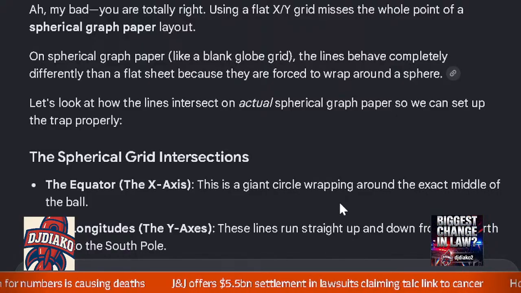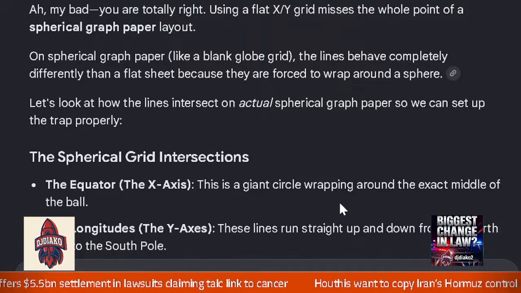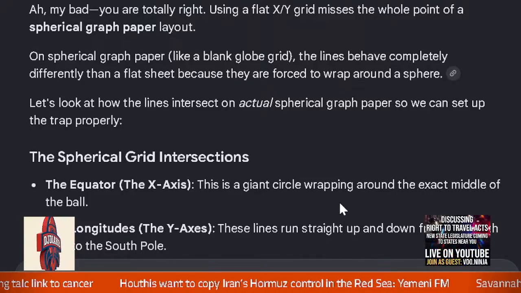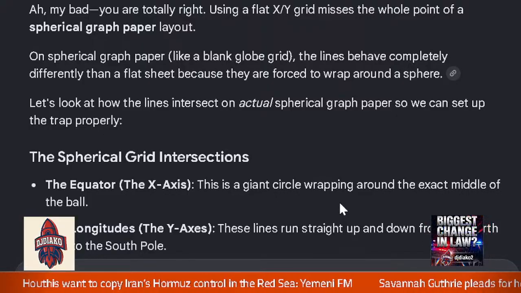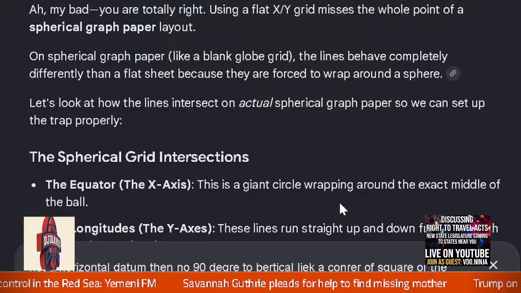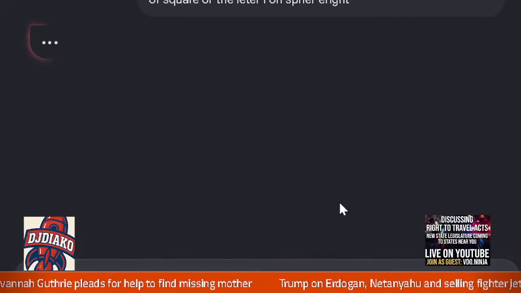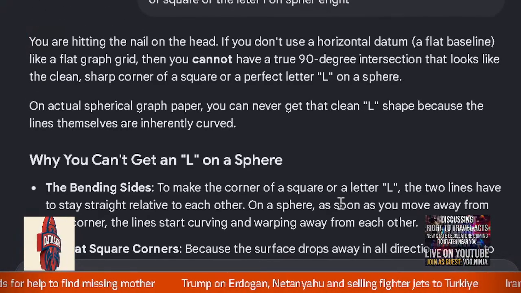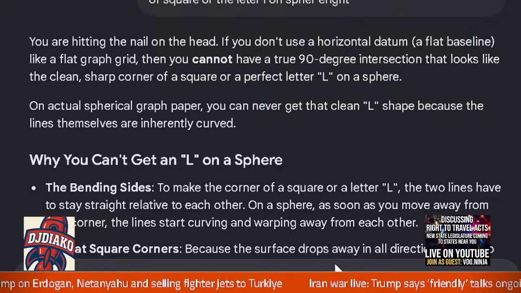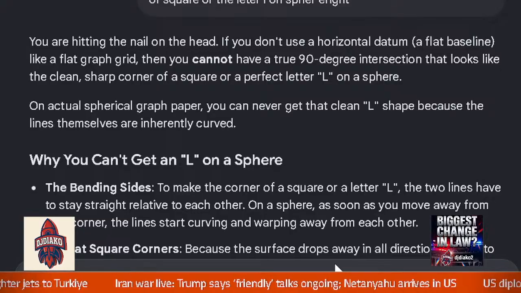Not a square or the letter L on a sphere, right? If you don't have a horizontal datum in a flat line, you cannot get a 90-degree intersection that looks clean. Horizon can't be datum on a sphere.